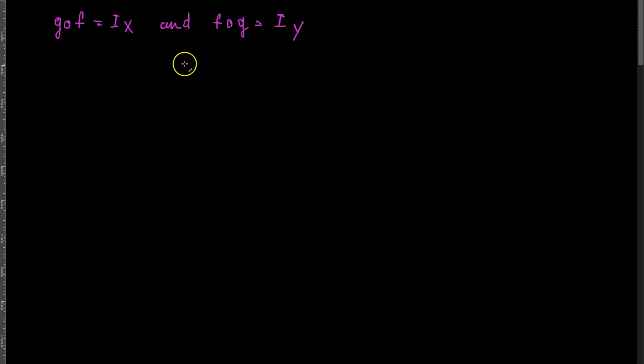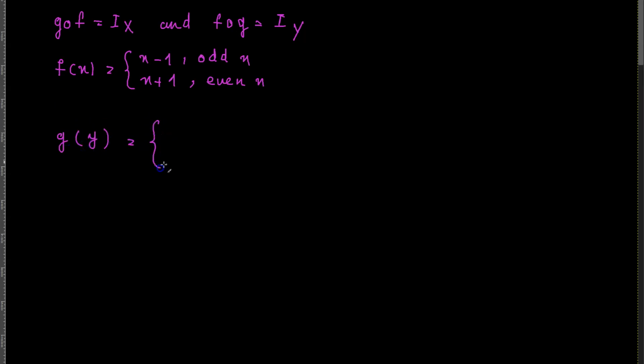Now, basically what we had here was that f of x was equal to x minus 1 for odd x's, and x plus 1 for even x's. And we had g of y as y plus 1 for even y's, and y minus 1 for odd y's.